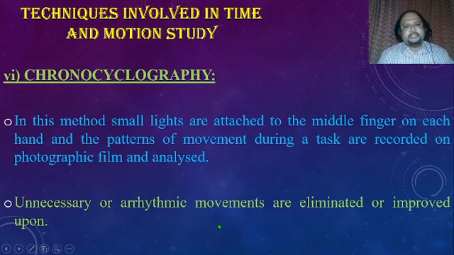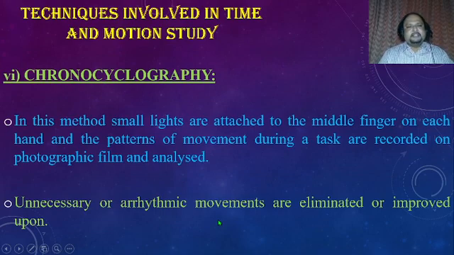In this method, small lights are attached to the middle finger on each hand, and the patterns of movement during a task are recorded on photographic film and analyzed. Unnecessary or arrhythmic movements are eliminated or improved upon.